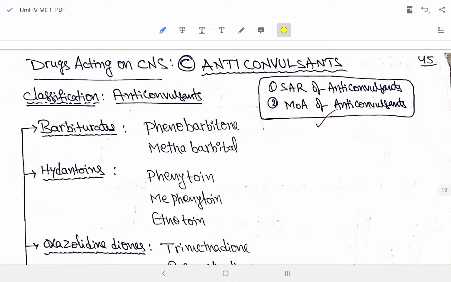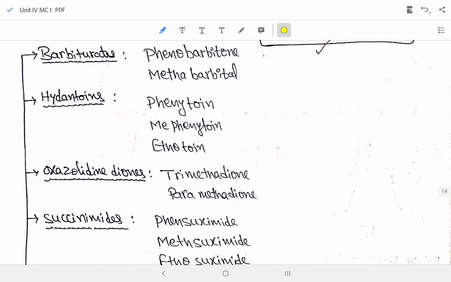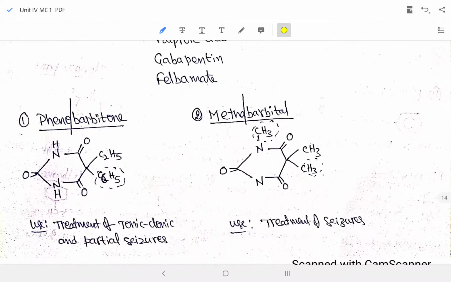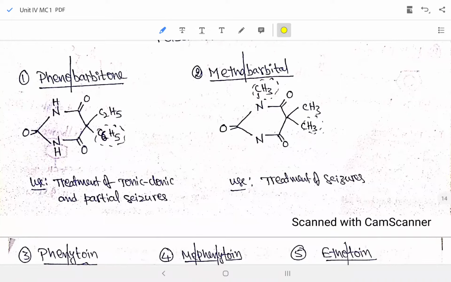But that is a kind of seizure. We can call them seizures or epilepsy or convulsions. So the drugs used to treat such conditions are called anticonvulsants. Let us see their chemical structures. There is no need to learn any synthesis for this particular topic.